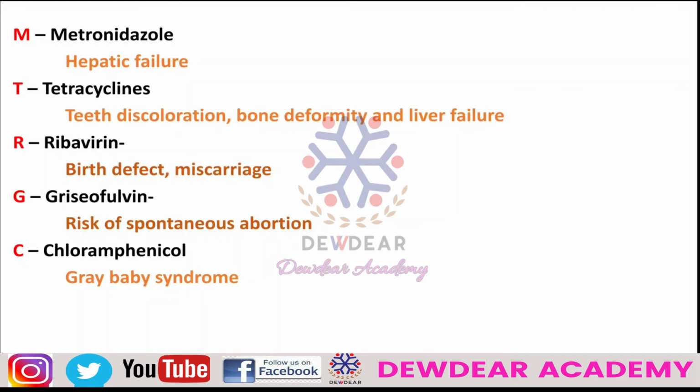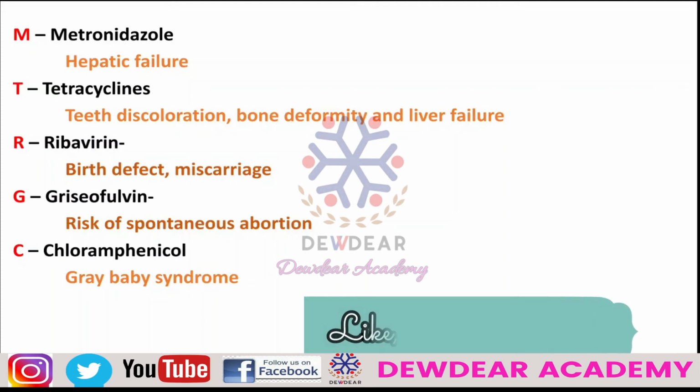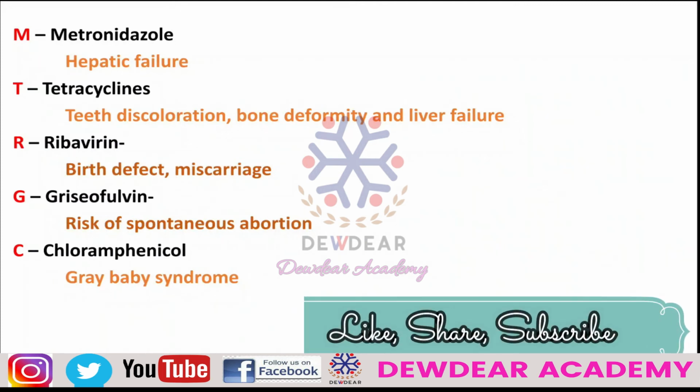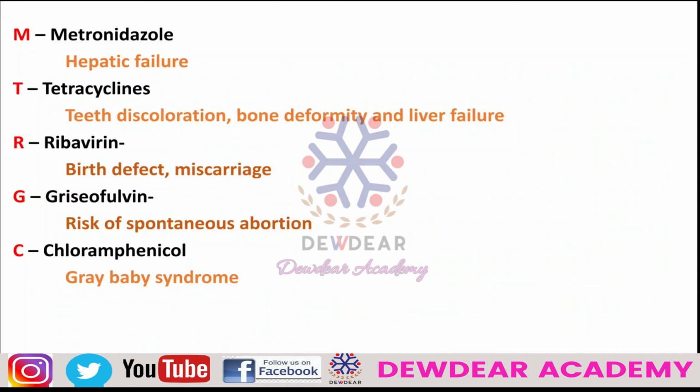So grey baby syndrome is a life-threatening reaction, more common in premature infants because the adverse reaction is directly related to the liver's ability to break down and process the medication.